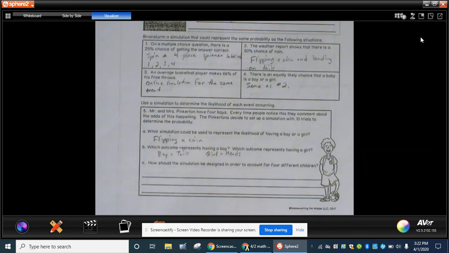How can a simulation be designed in order to account for 4 different children? Well, you're going to flip that coin 4 times. There's really no difference there.